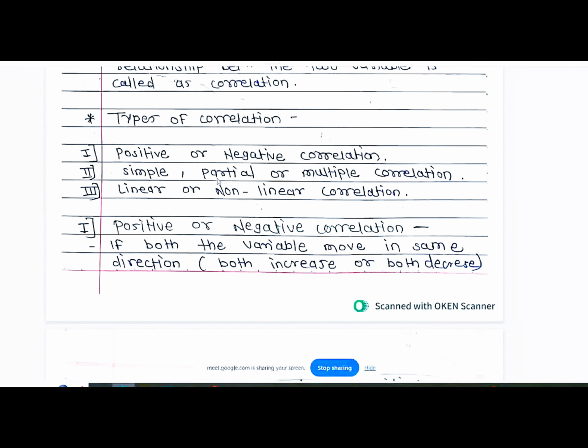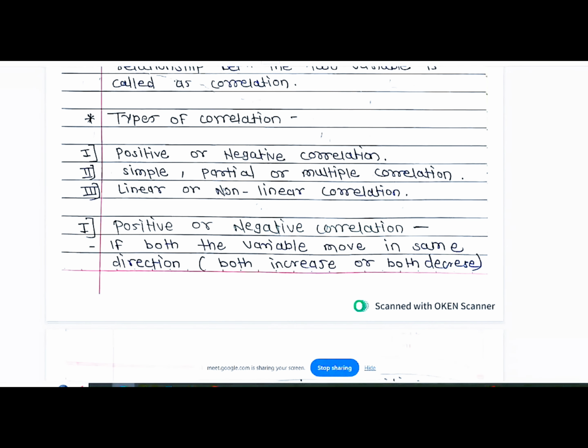But in case of partial or multiple correlation, you are studying the relationship of one variable with more than two variables. Suppose x is increasing, what will be the effect on y and z? It is called partial and then multiple correlation. If you consider only two variables in your research, it is simple correlation. And if you are considering more than two variables at a time, then it will be partial or multiple correlation.